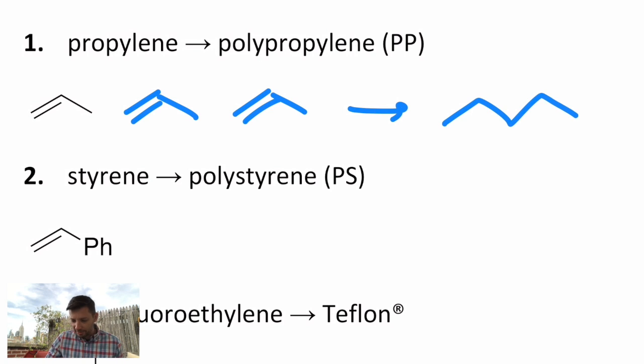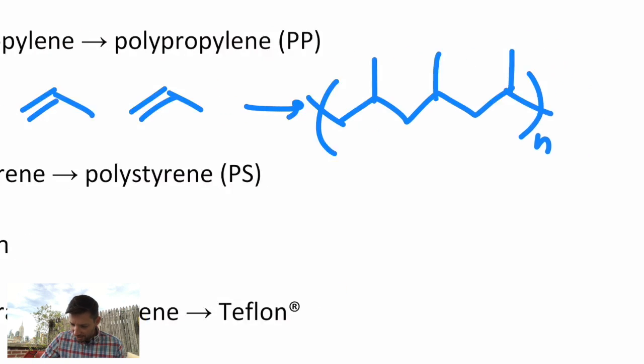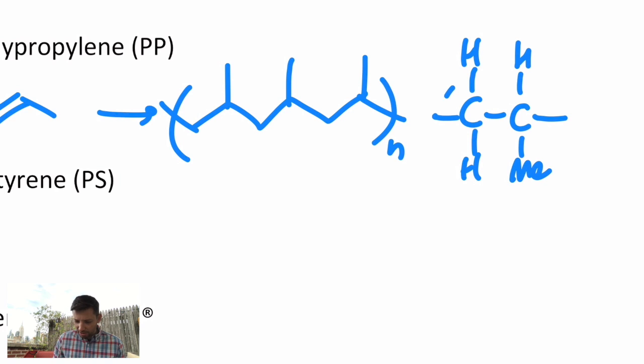There's my 6 carbons, and on every other carbon I would have this methyl attached. So I'll draw it straight up, 1, 2, 3, and then those continue sort of infinitely, and I could draw it in the other fashion where I have a CH2 attached to a CH methyl in a repeating chain.